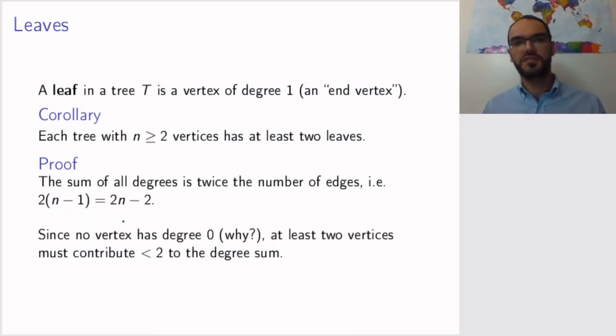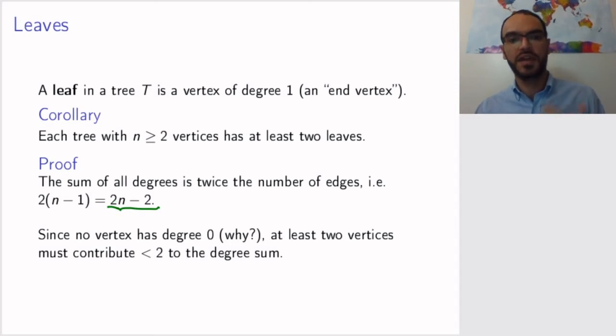There are no vertices of degree 0. Why is that? Think about it. A tree is connected. A vertex of degree 0 means an isolated vertex. We cannot have any such vertices. So in order for the n vertices to give us this sum of degrees, now that we know that each vertex contributes at least 1 to this sum, well, if all vertices contributed degree 2 or higher, this would be at least 2n or higher.